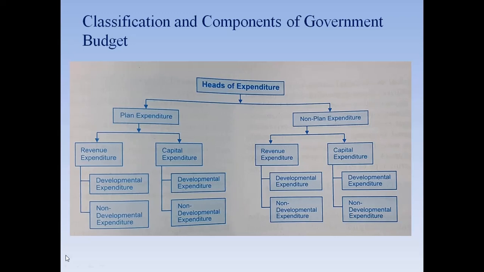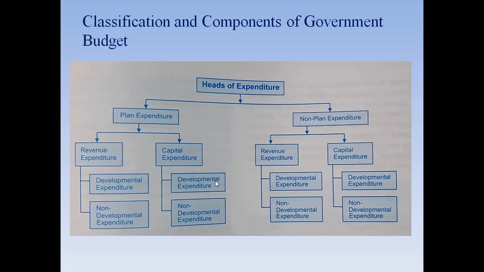Now talking about capital expenditure under the planned expenditure head, we will see developmental expenditure again. If the government is trying to improve the network or the communication in our country, the government can purchase better machinery.